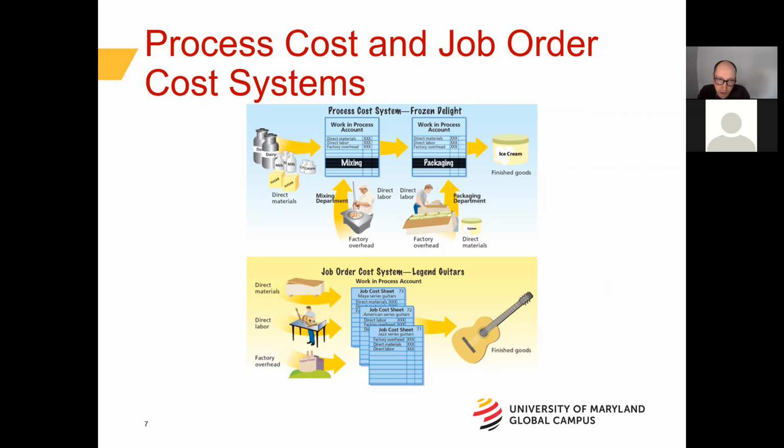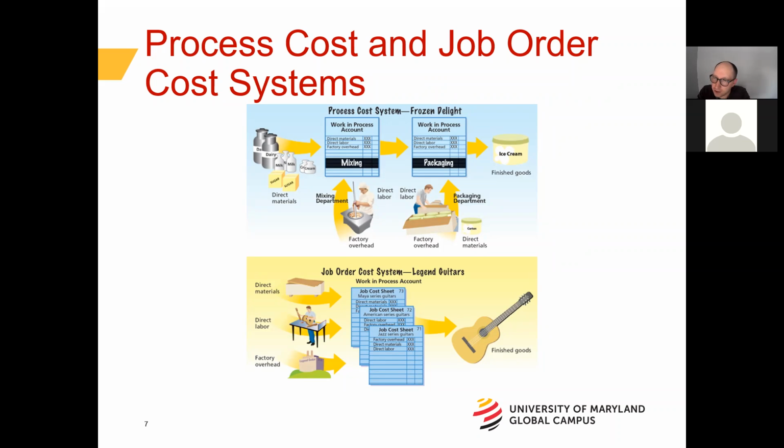And so the example we're using here is an ice cream manufacturer. The raw materials that we're using here are dairy, milk, cream, and sugar to make ice cream. We take those raw materials and put them into work in process. Within work in process, we have multiple departments, and we can see the flow of the materials.